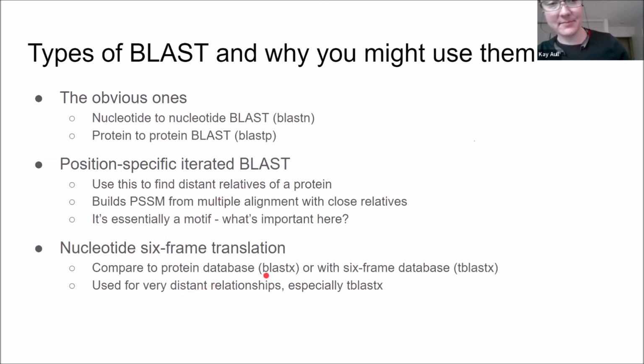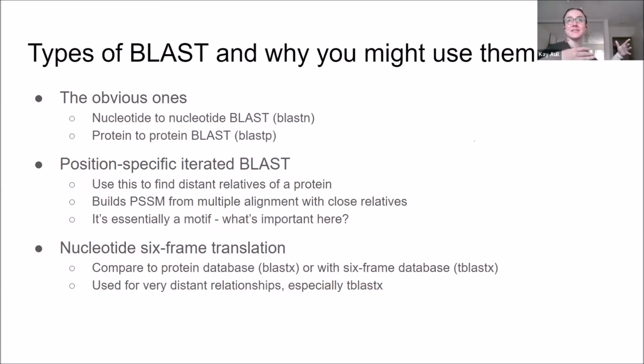And you can also get this nucleotide six-frame translation, which is useful for very distant relationships. You can take your nucleotides and translate them into proteins in all the available frames. It's exactly what it sounds like. And then you can compare it to the protein database, look for proteins that would be in any of those frames, or you can take those back into nucleotides in the six frames and see if there's any similarity at all at that point.